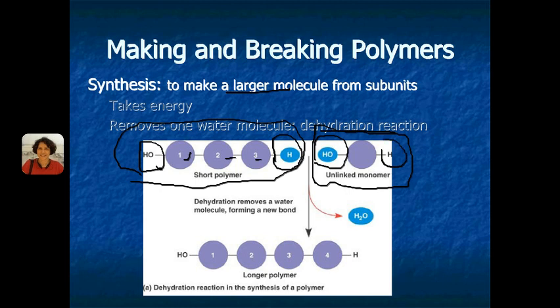In a synthesis reaction, we're going to take the hydrogen atom from one side and the hydroxyl group from the other side, and we're going to extract those, and a water molecule gets formed. So a water molecule gets released, and now we have a larger molecule, a longer polymer.